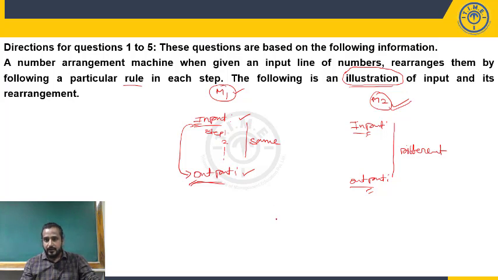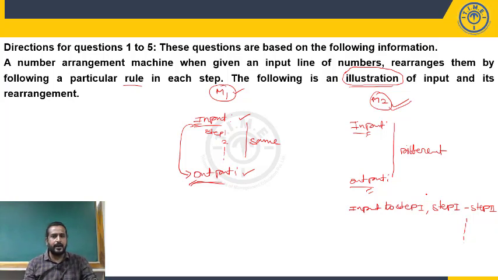So for that, what we have to do is identify the logic from input to step 1, followed by step 1 to step 2 and so on and so on. Clear? And what are all the changes that we observe in the illustrated example have to be implemented and applied to the given question. Clear? Let us take one example, you will get the idea.